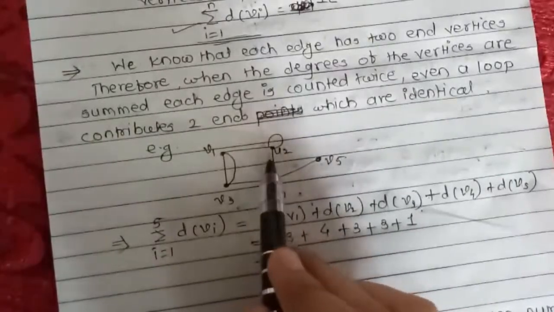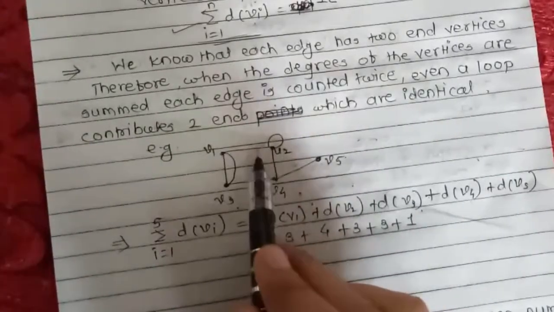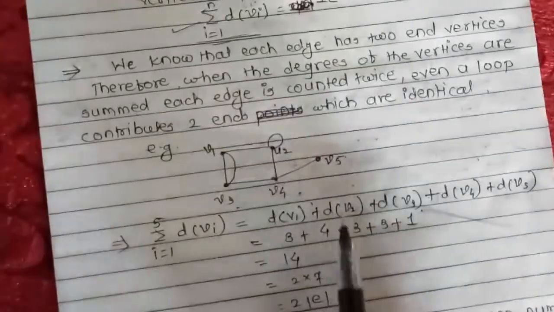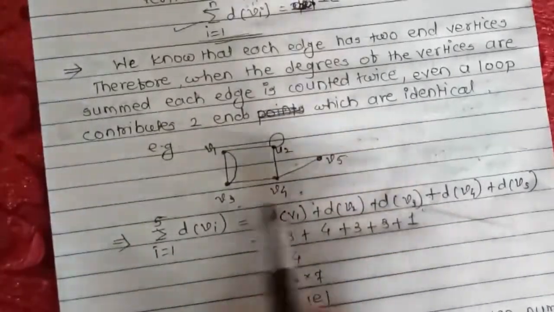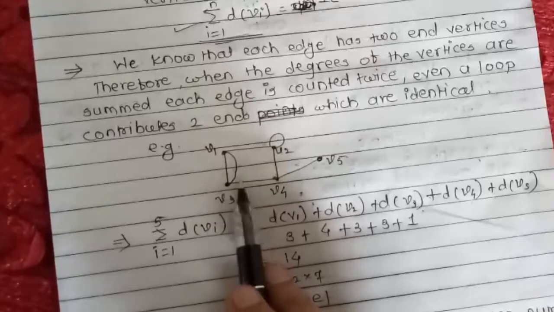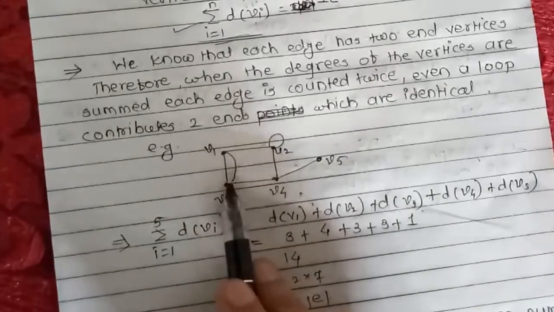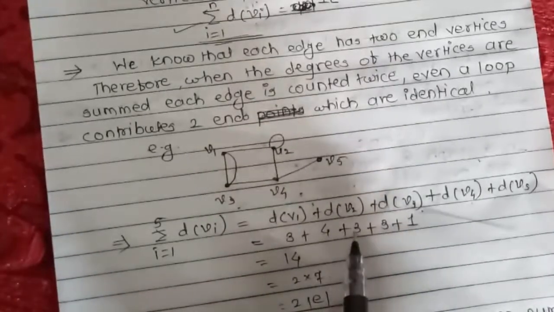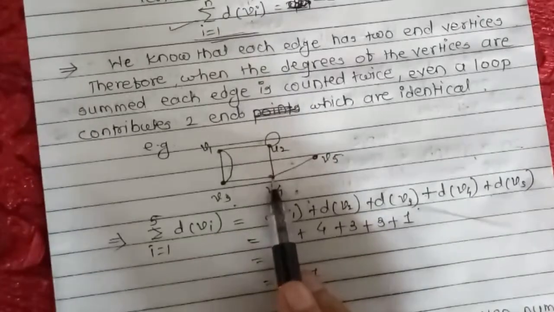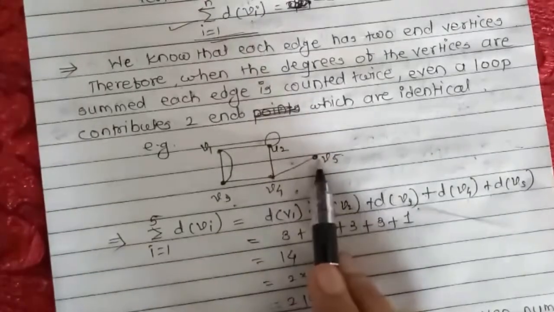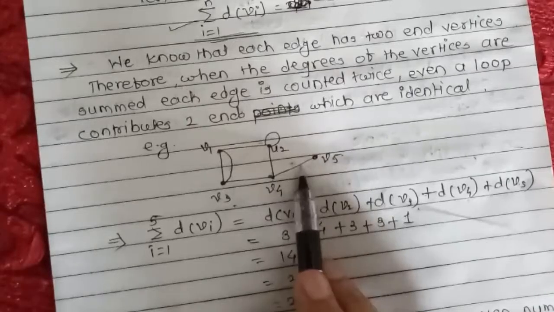Here 1, 2, 3 and 4. Degree of v3 is 3, because there are 3 edges incident on it: 1, 2, 3. Similarly degree of v4 is equal to 3, and degree of v5 is equal to 1.